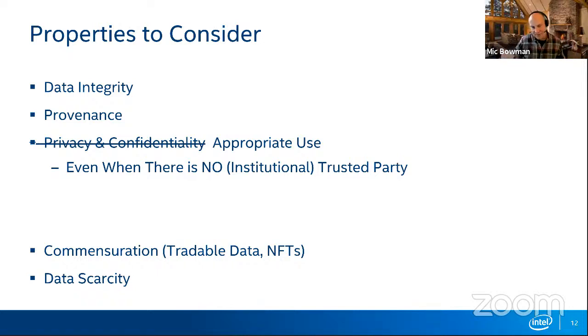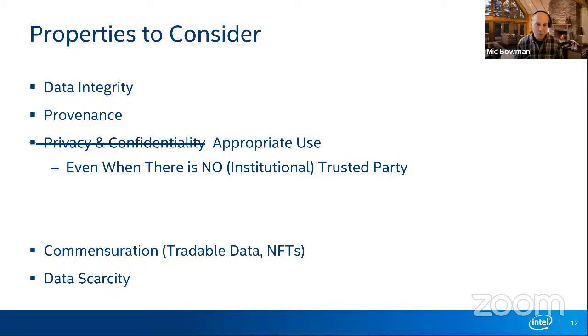The lab I work in is the security and privacy research lab, but a lot of times we really don't understand what that means. In fact, privacy and confidentiality are really set in context. So what we really want is not necessarily privacy and confidentiality as a broad spectrum of definitions.